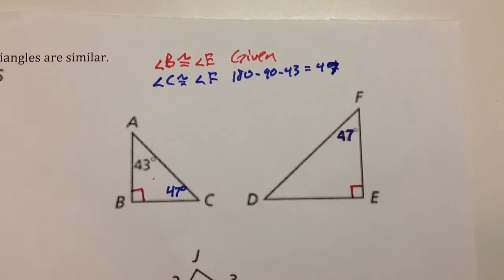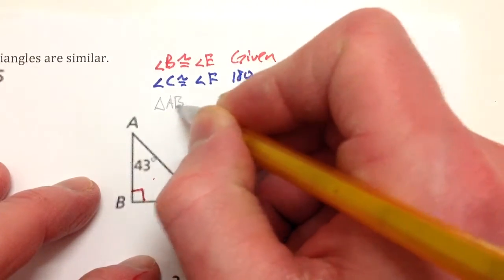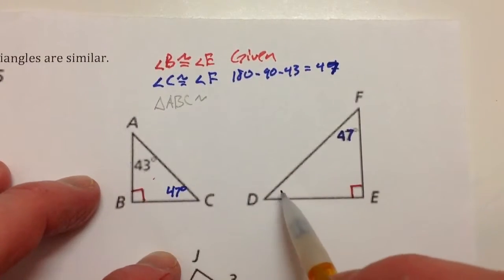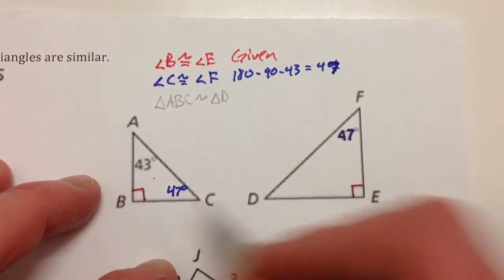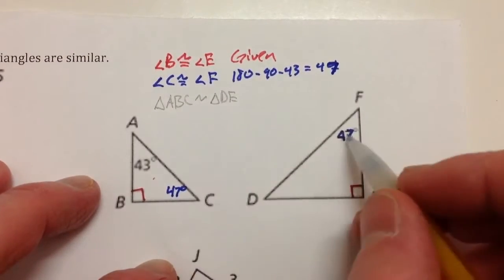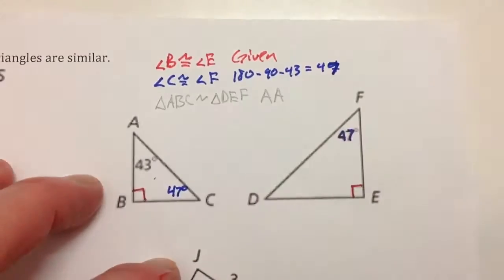Now I've got enough to prove by angle-angle similarity, and so triangle ABC is going to be similar. A is 43, that's going to match up with angle D. So triangle D, B is 90, so is E, and then C is 47, excuse me, and so is F. So DEF, and that is because of angle-angle similarity.